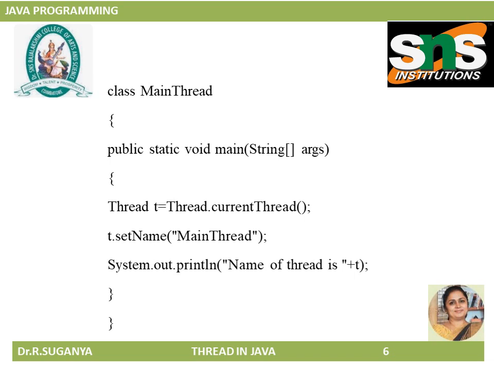Thread.currentThread means the current thread, and we are setting the name as main thread. setName is a method which can be executed like object dot property. The object is t, the method name is setName, and then we are displaying that particular thread.